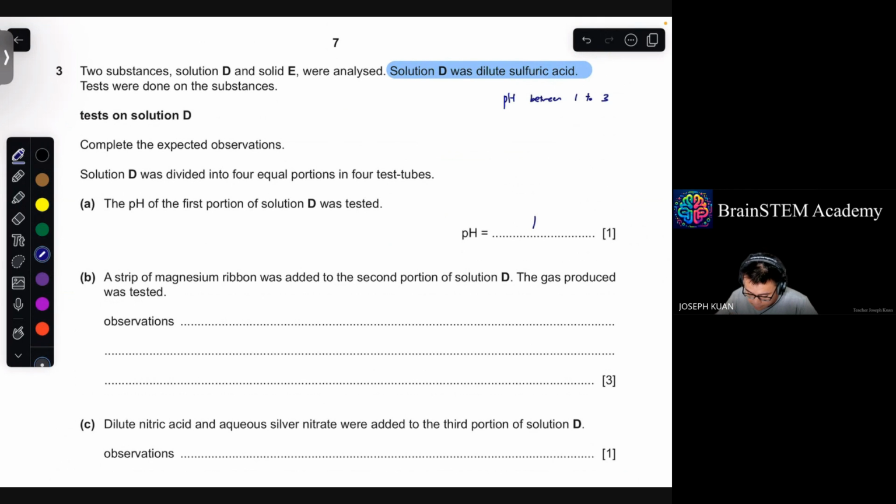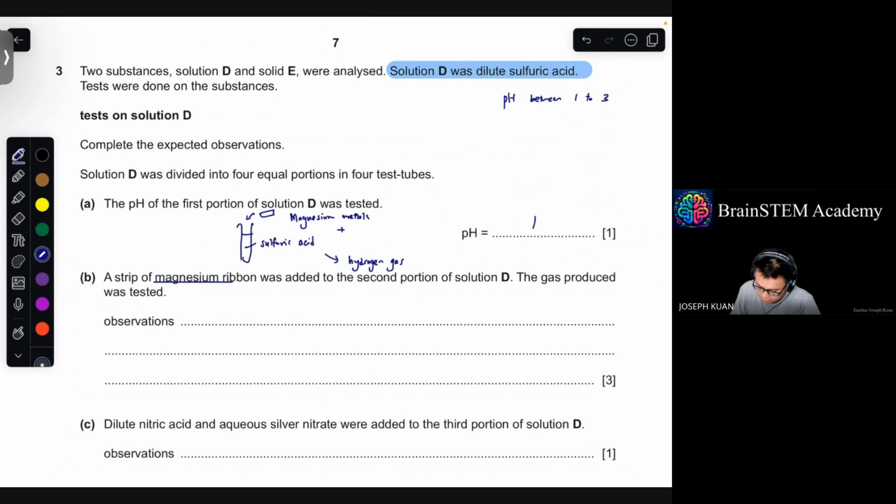Moving on to B, a strip of magnesium ribbon was added to the second portion of solution D. So you are taking a magnesium strip and putting it into sulfuric acid. So we know that metals plus acid gives you hydrogen gas.